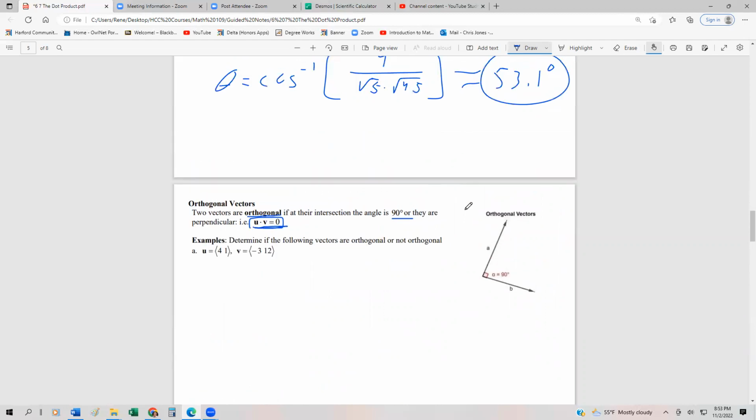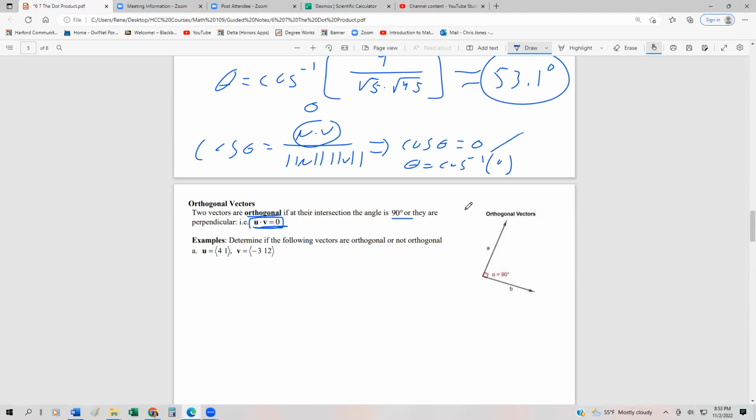For those of you that care why that is, remember our formula that we just had: cos of theta equals u dot v divided by magnitude u times magnitude v. Well, what if u dot v was 0? That means cos of theta is equal to 0, and the inverse cos of 0 is 90 degrees.